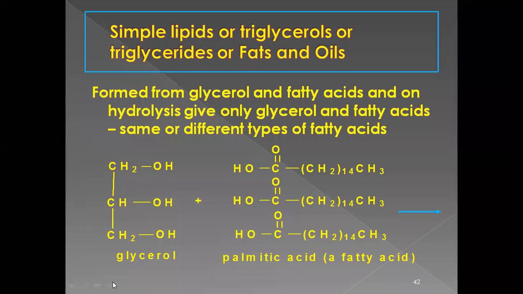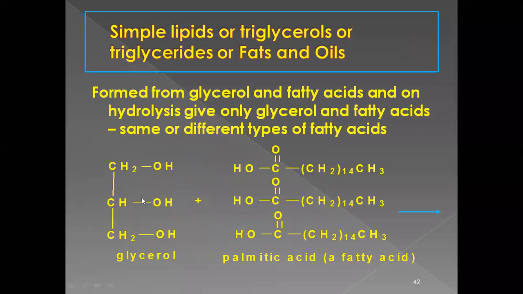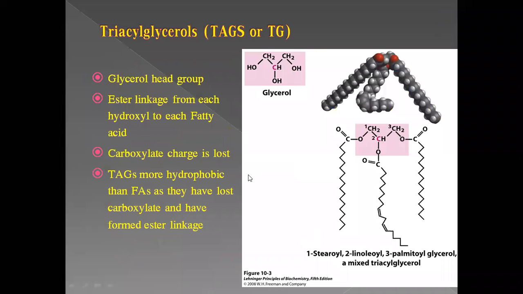Now, how do triglycerides form the ester bond? They are esters of glycerol and fatty acids. This is our starting material for the production of glycerol and three molecules of fatty acids.